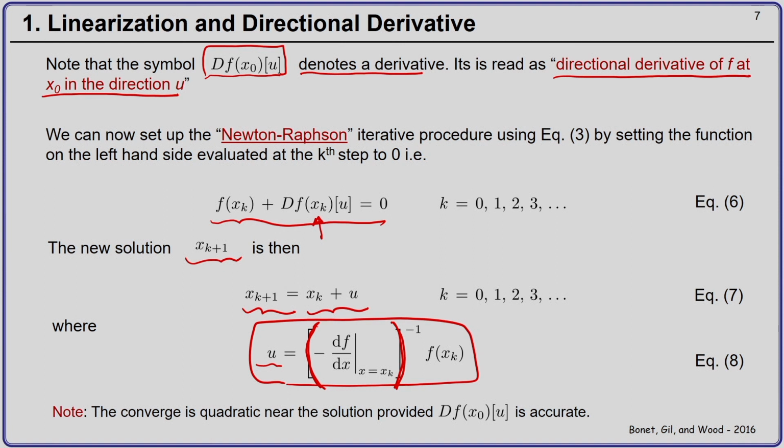The important point to note is that the convergence will be quadratic near the solution, provided the directional derivative of the function at x0, or say xk, is accurately computed. If you have computed your directional derivative accurately, it is guaranteed that you will converge quadratically near the solution.